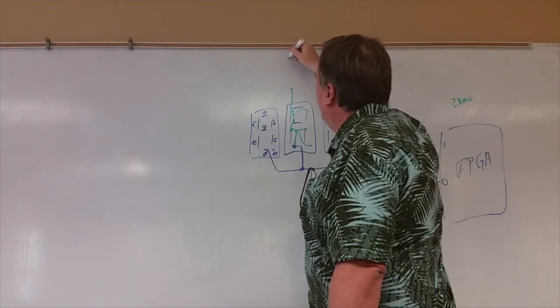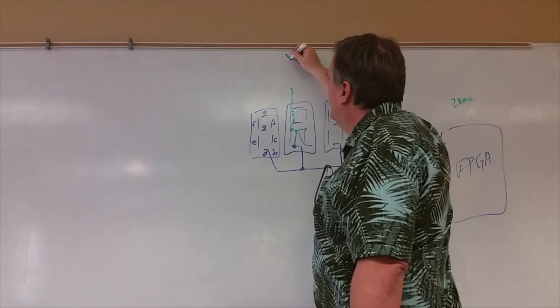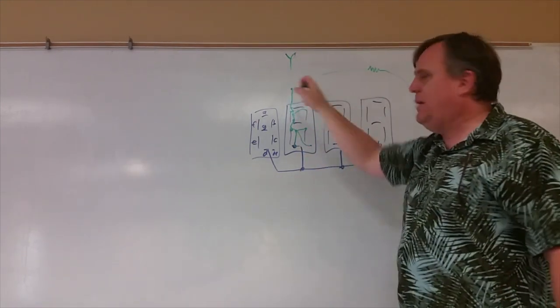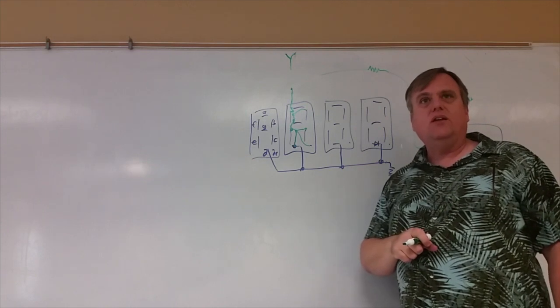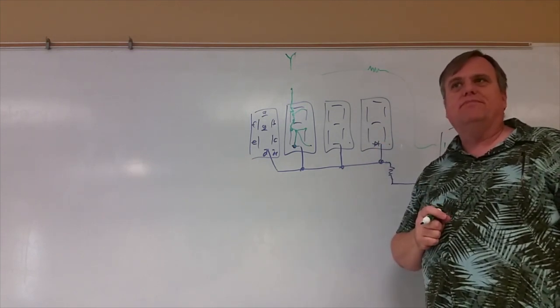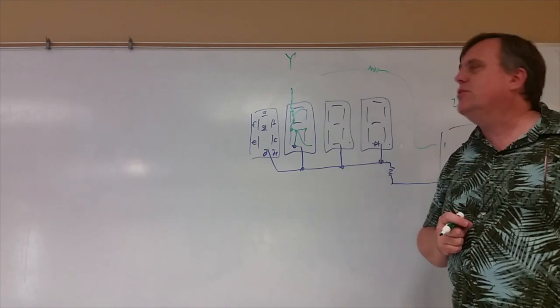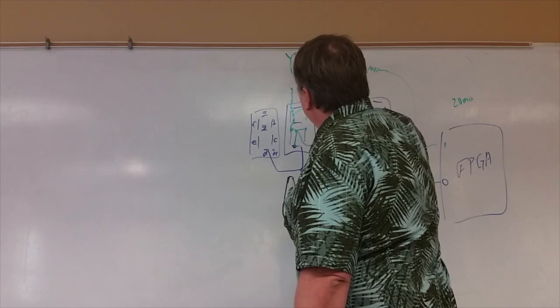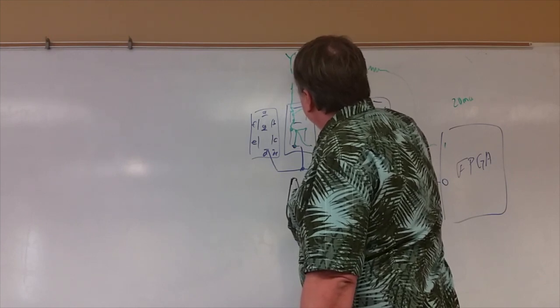So now I've got a power rail, and I have to be able to switch that power down to here. Do we have a device that can switch power? A transistor. So this brings up that age-old question of which transistor do I want?